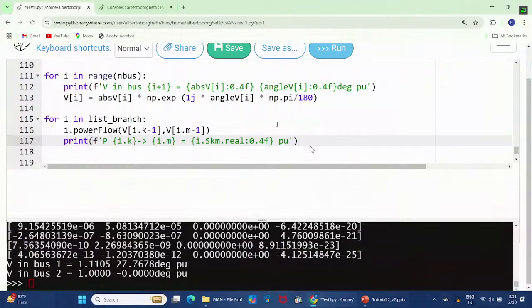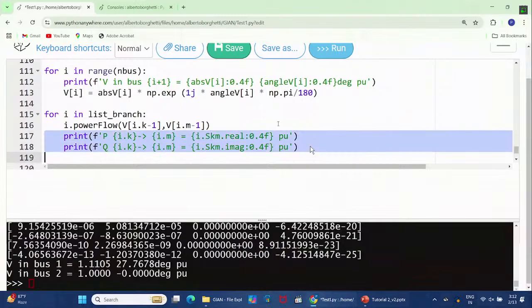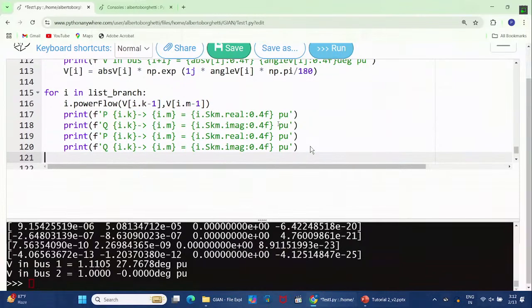Close the parenthesis, and then we can write the same thing, so I copy and paste, for the reactive power, and the reactive power is the imaginary part. We can keep all this and copy and paste again, replacing k with m and m with k.